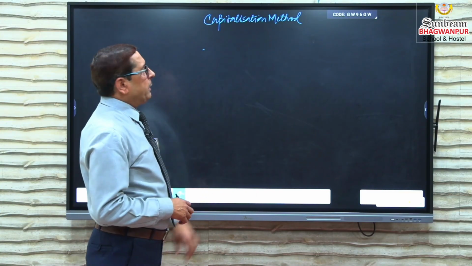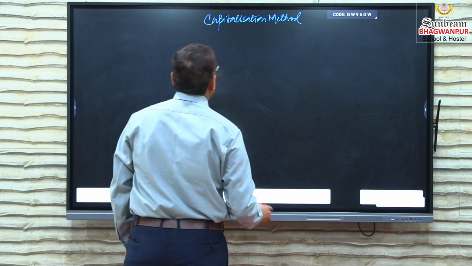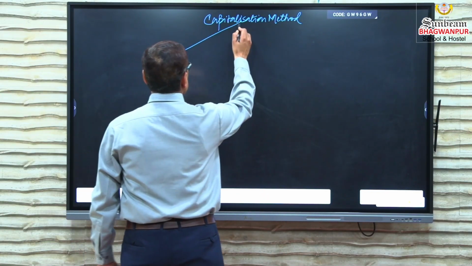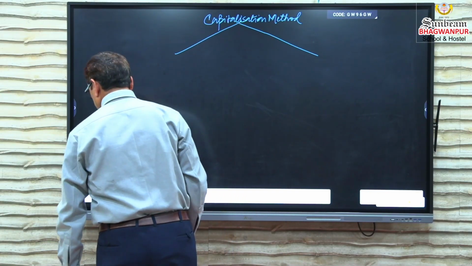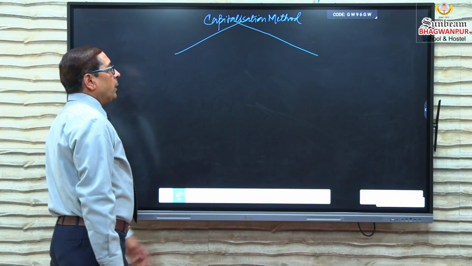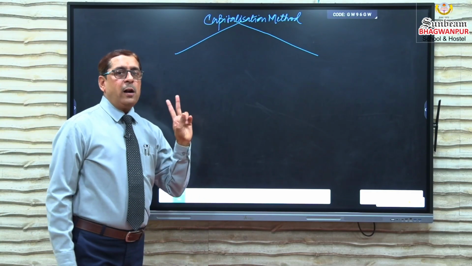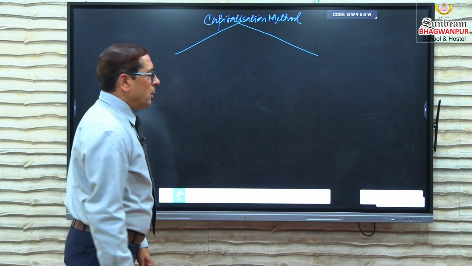Under the capitalization method, there are two ways to find out goodwill.